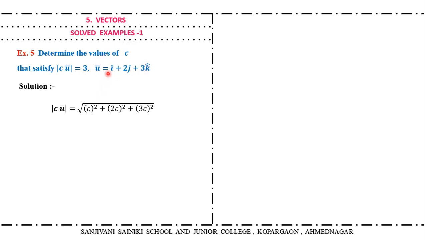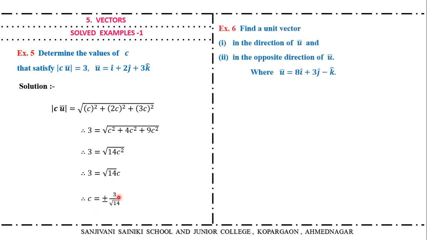So square root of c square plus 2c square plus 3c square. Simplifying, you get the value of c as root 14 c. So c is equal to plus minus 3 upon root 14.